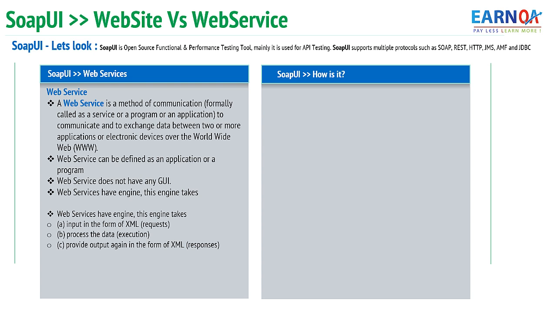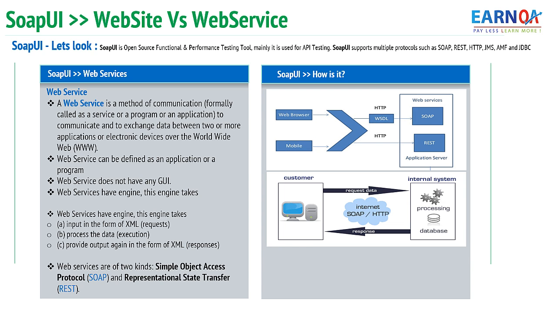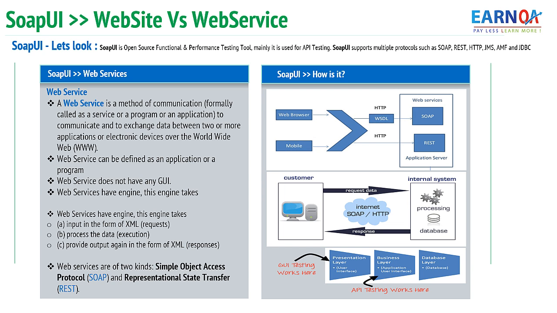So all the data can be represented in the web services by means of the XML representation. And if you look at this slide, the majority of API testing is considered to be in the business layer or in the logic tier. So this is all about the differences between website and the web services.